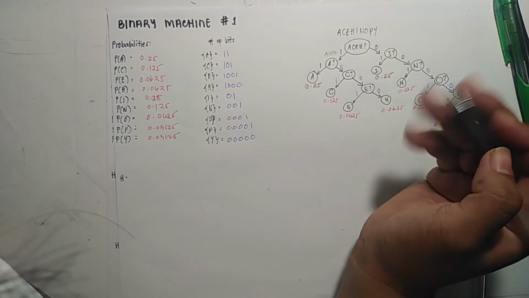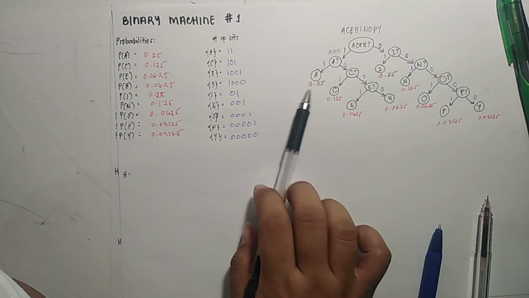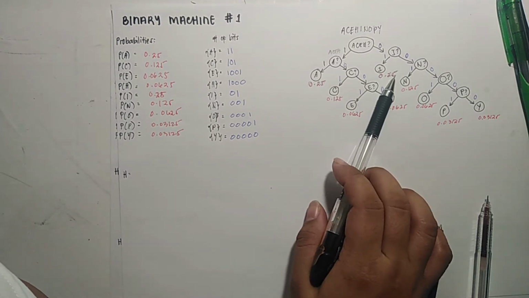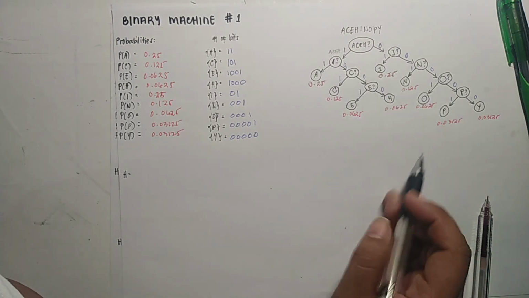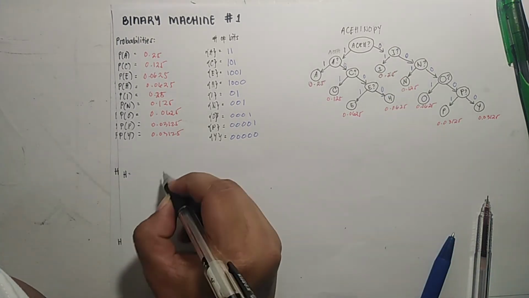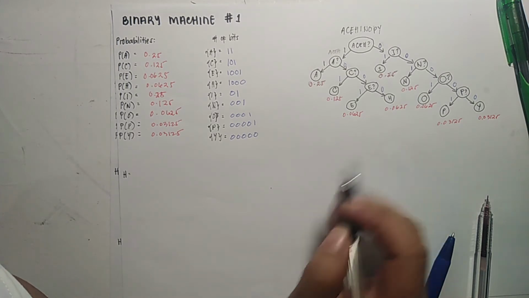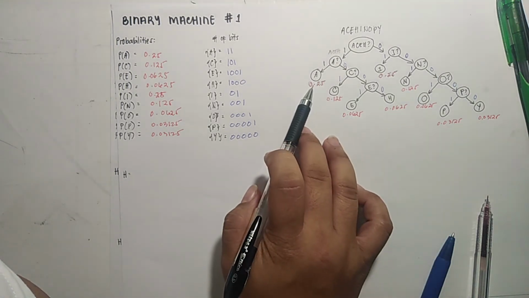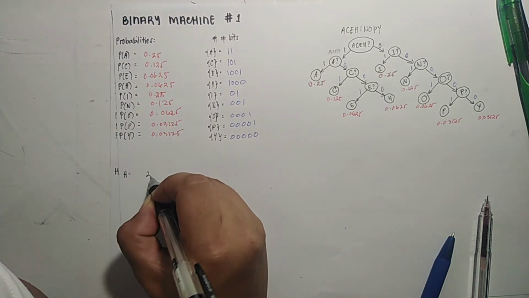We will now solve for the entropy using the probability method. Each probability will be multiplied by the number of occurrences and the number of bits. So for PA, for 0.25, there are 2 occurrences.